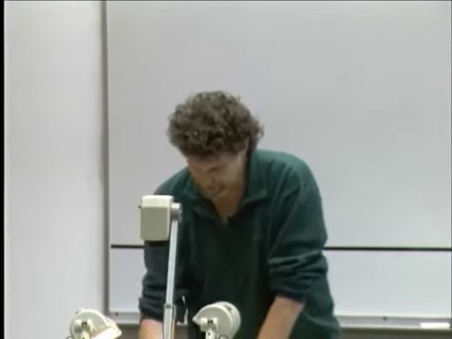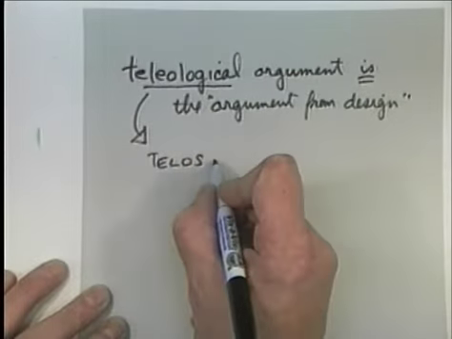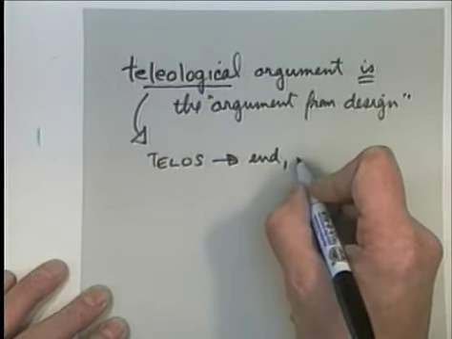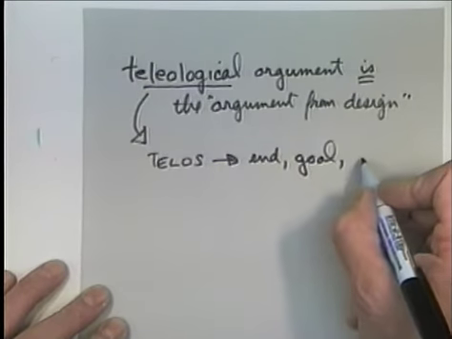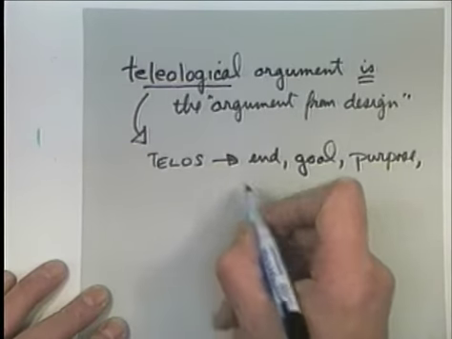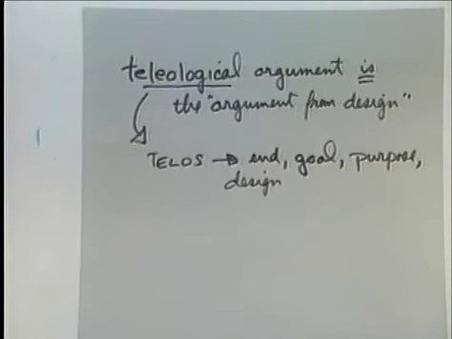The word teleological comes from the Greek root telos, which means end, goal, perhaps, purpose, design. A teleological explanation explains things in terms of the end or purpose, goal or design of the thing, or function.